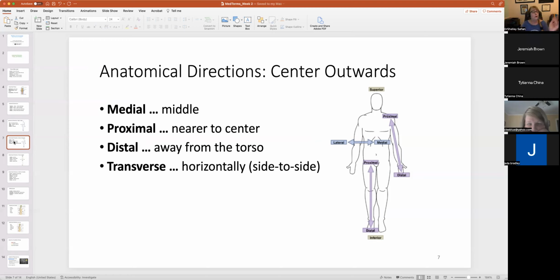Transverse, do you remember from like 10 minutes ago? Anybody? Right. Transverse means horizontally, side by side. Think about a subway train or a highway going across. Transverse. Like transportation. I'm going to stop now.